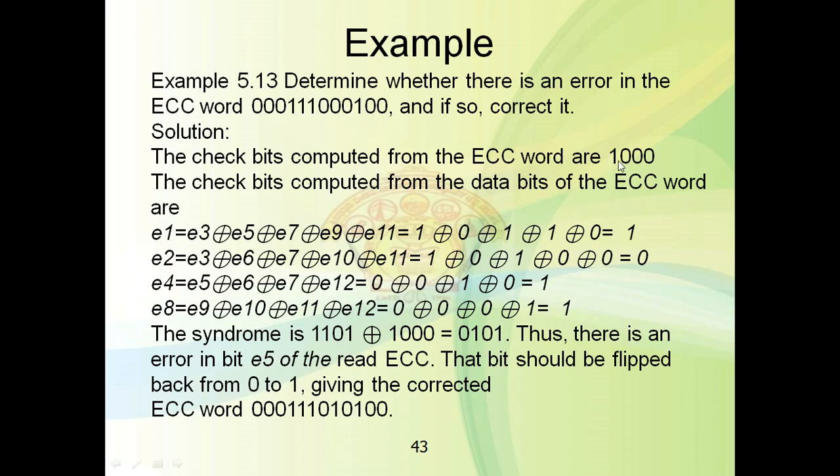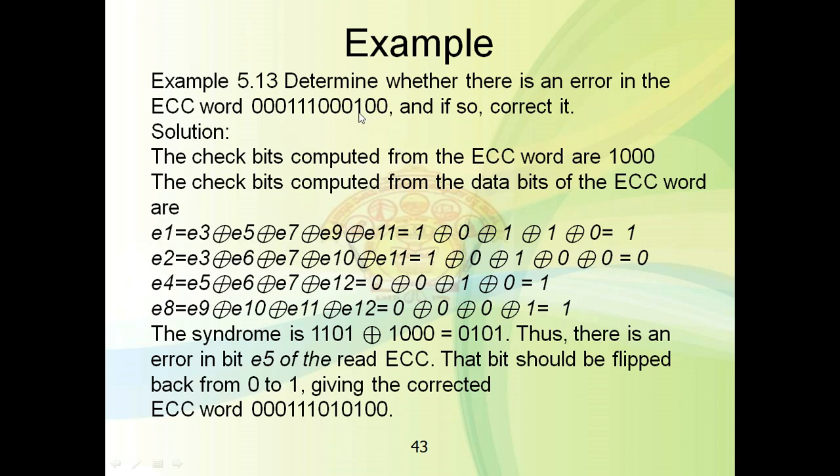Now again we have to calculate the check bits from whatever equations we have studied. E1 is equal to E3 XOR E5 XOR E7 XOR E9 XOR E11. Now we have to check this. So see here, what is E3?